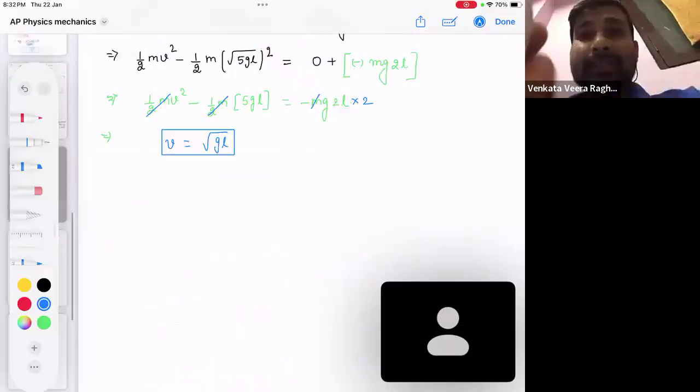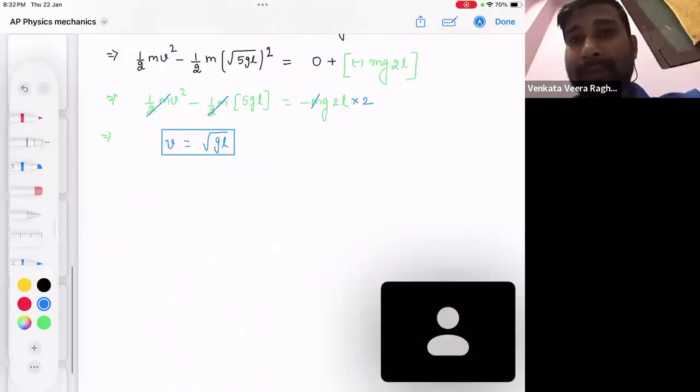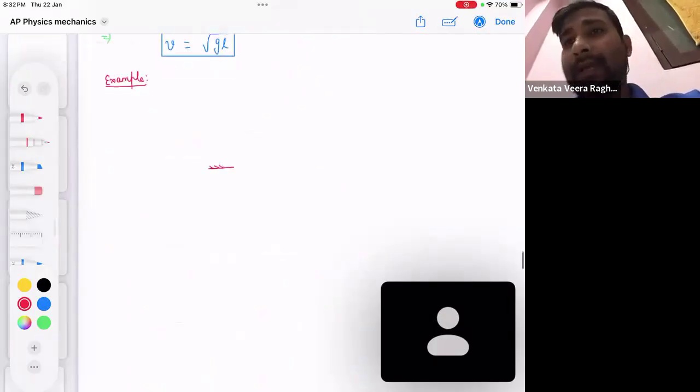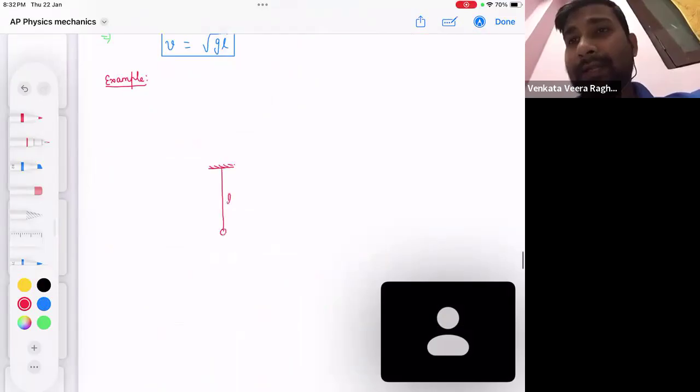Let's take one example here. In this example, let's say this particle has a string of length L connected. And let me give the velocity here root 7gL. Can you tell me, will it complete the circular motion or not?